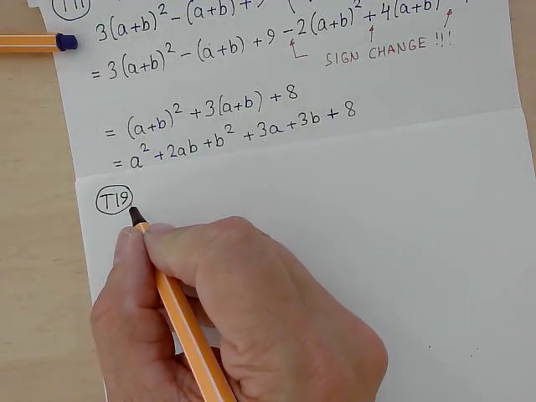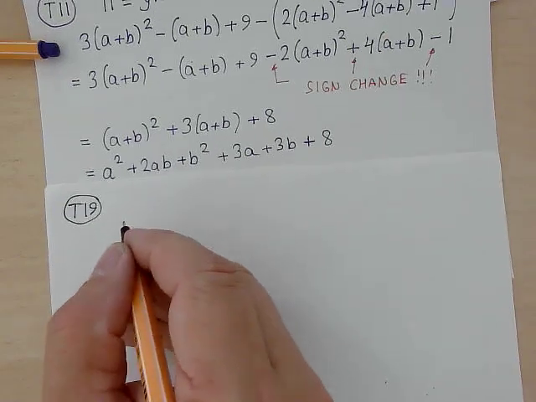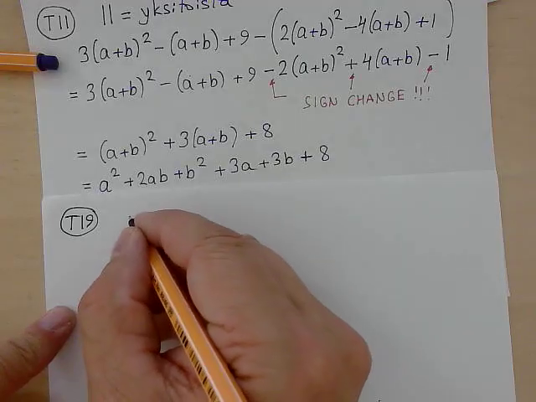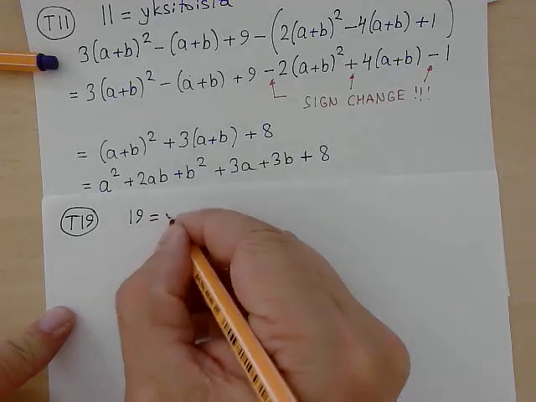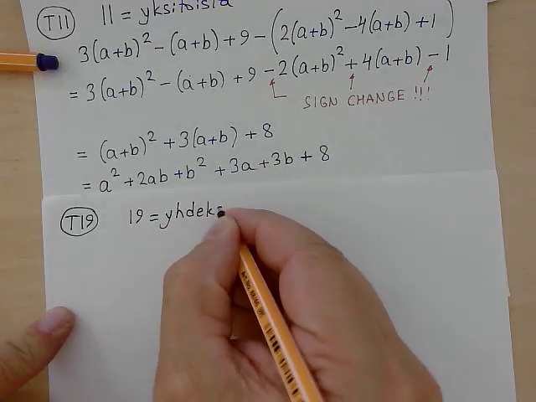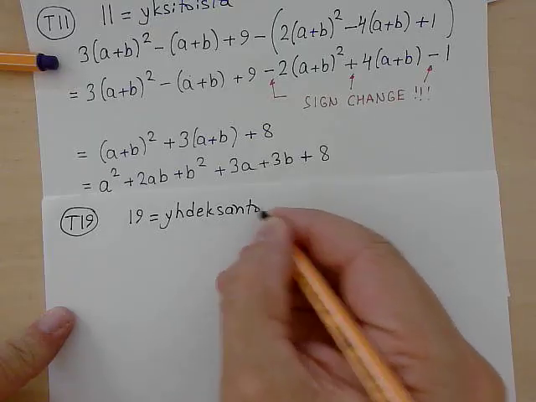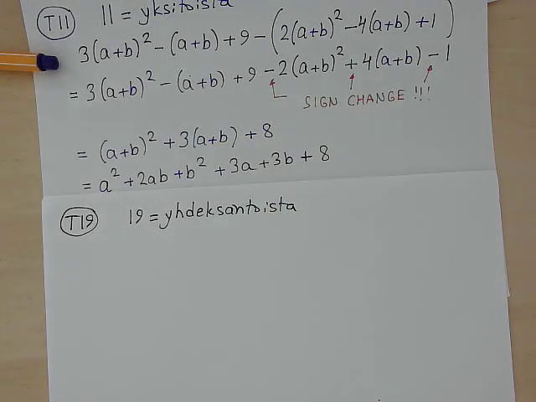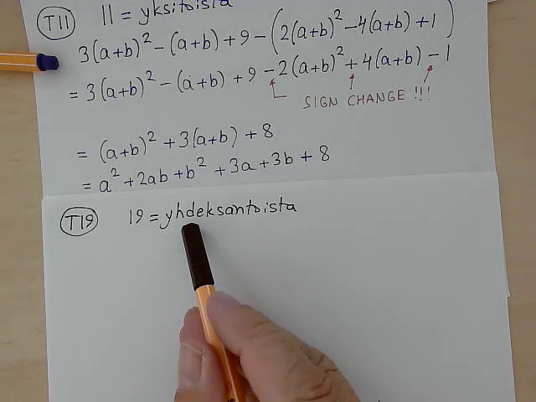What is the number in Finnish? 19. Actually, in spoken Finnish, this D letter is quite rare.